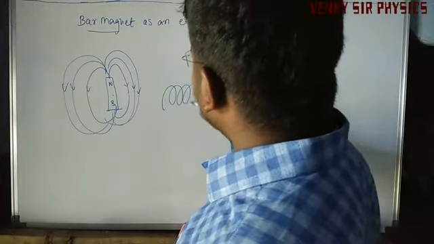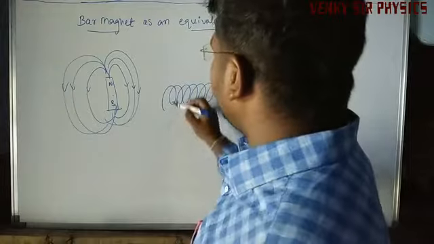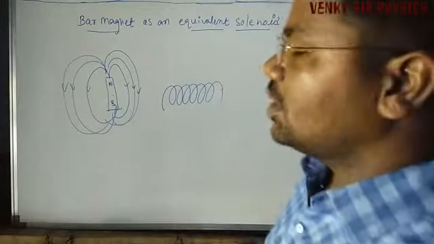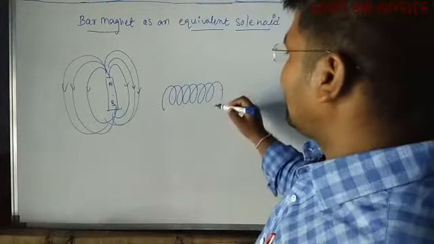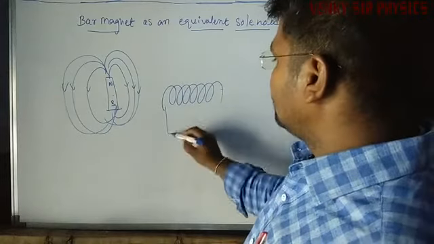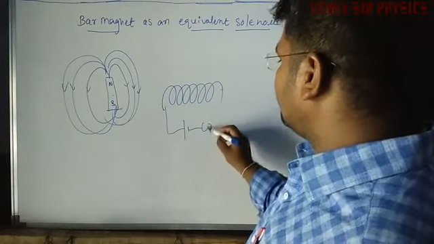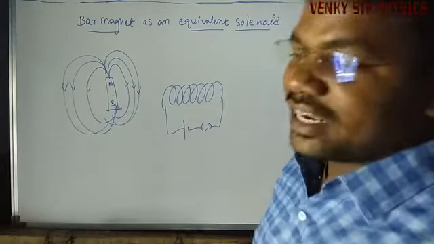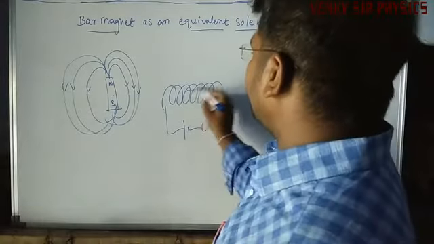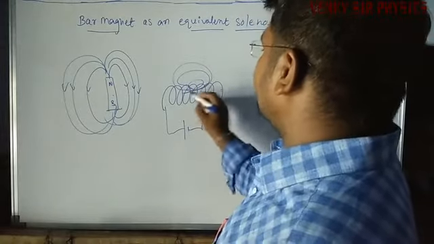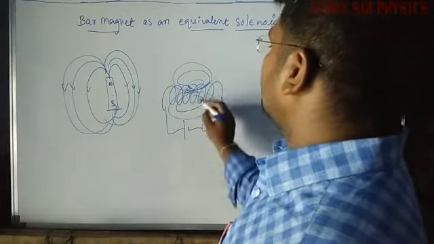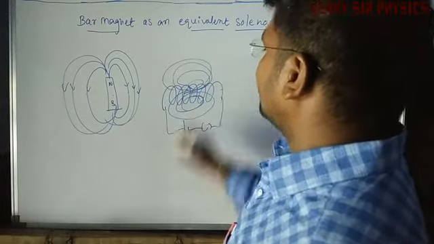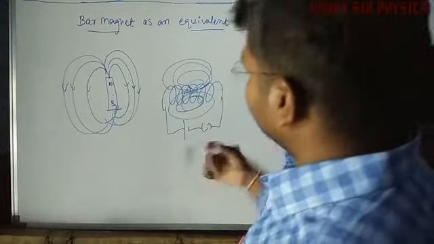A solenoid is a straight current carrying conductor wound like a spring or helix. If we send current through this solenoid, we get a magnetic field like a bar magnet.